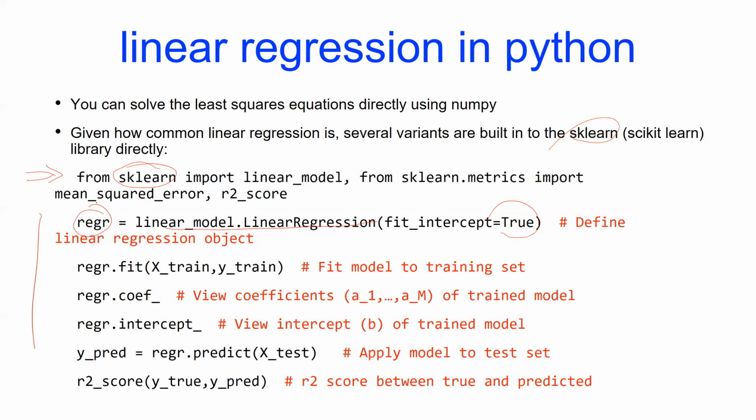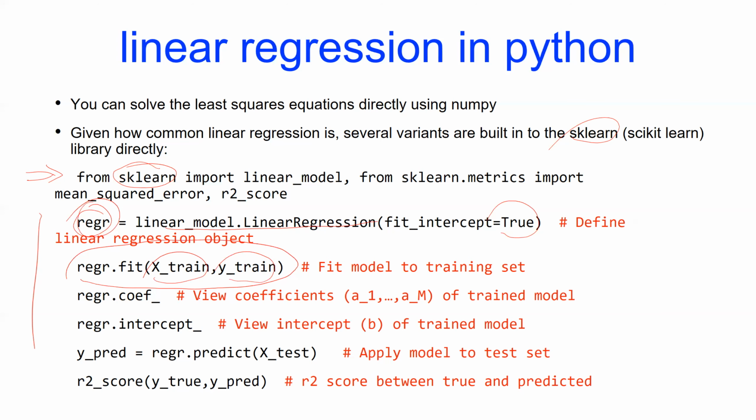After you create this regression model, you call the stage to input your data. As you can see, we call regression.fit with x_train and y_train. This is your training feature, and this is your training label, right?